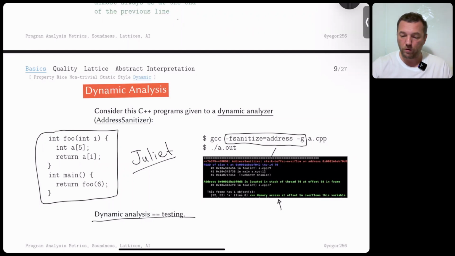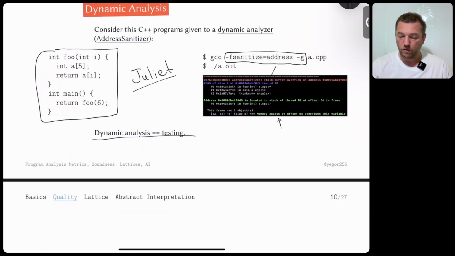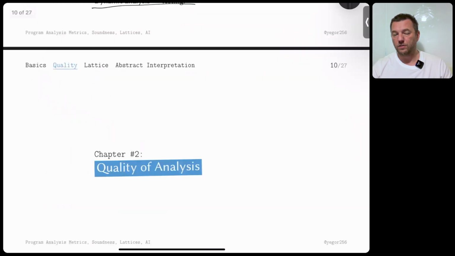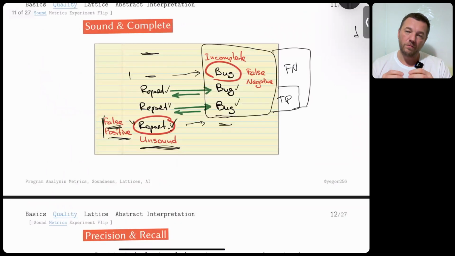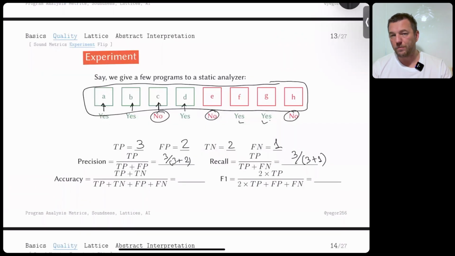And your experiment will not look like this, not like 8 pieces of code, but there will be 20,000 C++ code snippets. Then you give them to your analyzer, you collect the answers from the analyzer, and you can claim that the precision of my analyzer is this and that, which is higher than, for example, another analyzer.